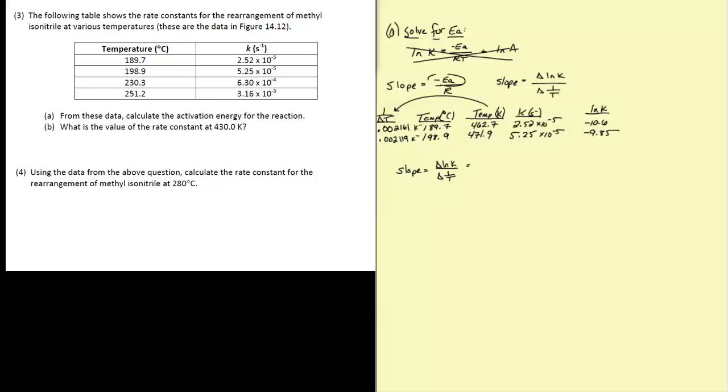So for change in the natural log of K, what I would do is negative 9.85 minus a negative 10.6, and then I would divide it by 0.002119, because that 2119 goes with the negative 9.85, minus 0.002161. So when you solve that out, that is going to give you the value for your slope.